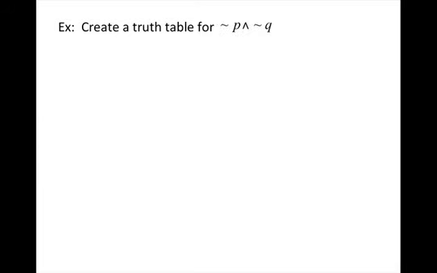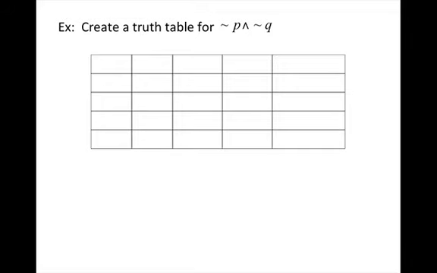In the next example, let's look at not P and not Q. I have 2 propositions, a P and a Q, so I'm going to create a 4-line table.